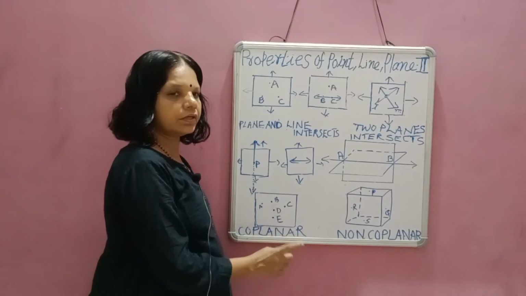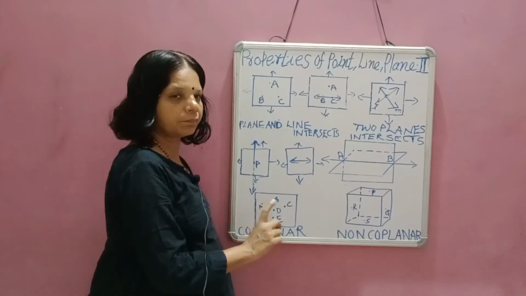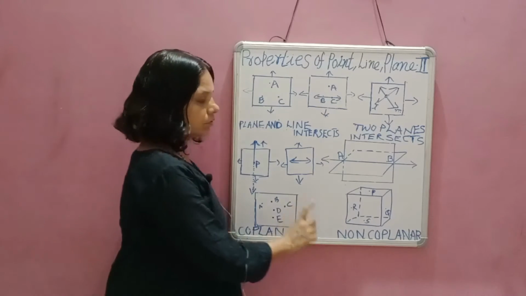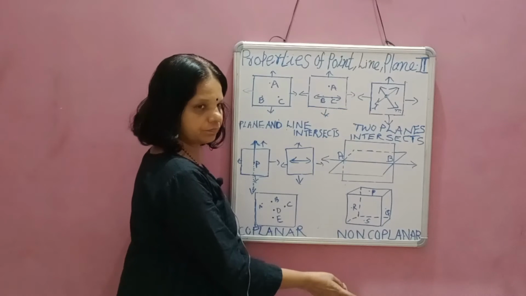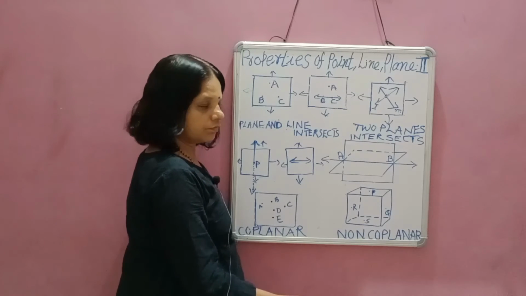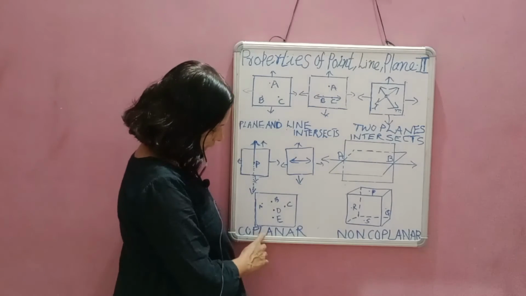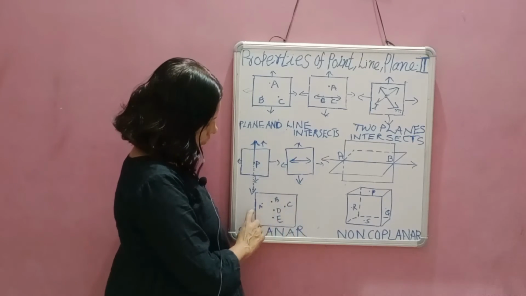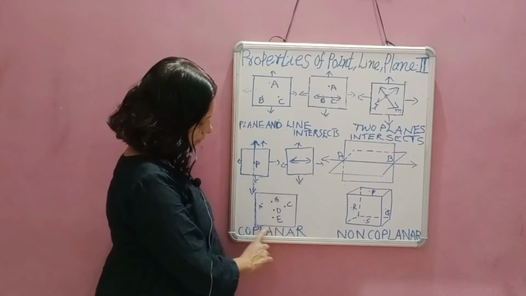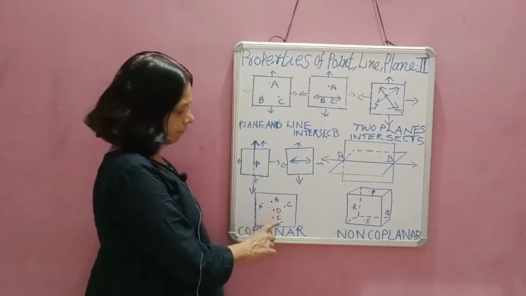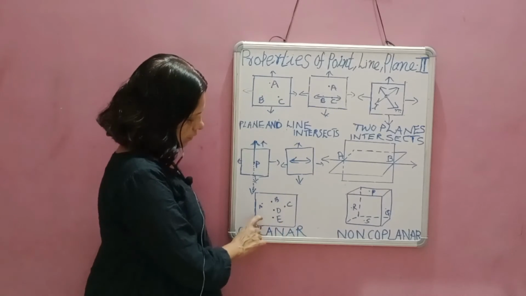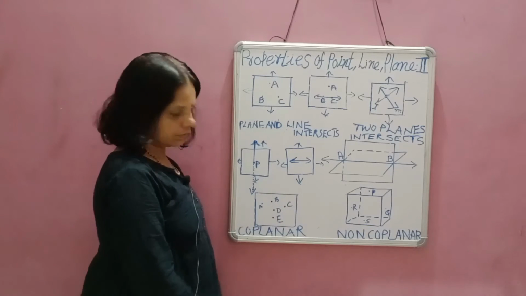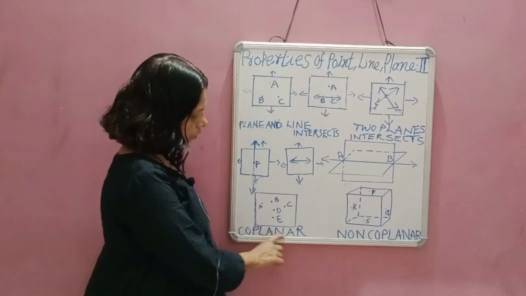Now, similar to collinear and non-collinear points, here we have coplanar and non-coplanar points. It is very easy to define from planar, coplanar, collinear, like that. So here you can see a plane. In the plane there are many points, points A, B, C, D, E, etc. These points are said to be coplanar.